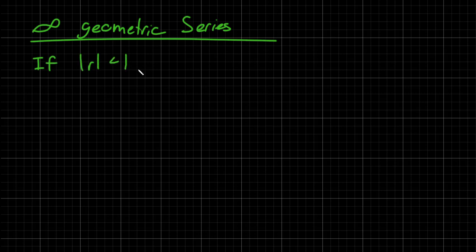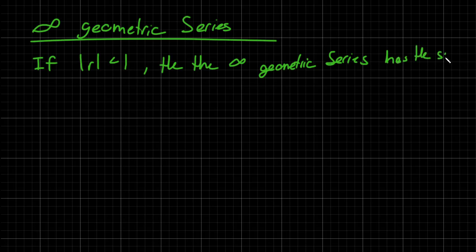If the absolute value of my rate is less than 1, then the infinite geometric series has the sum. Anyone remember what I gave you before? I'll start it off and see if you all remember the equation. The sum from n equals 0 to infinity of a1 r to the n equals an equation.